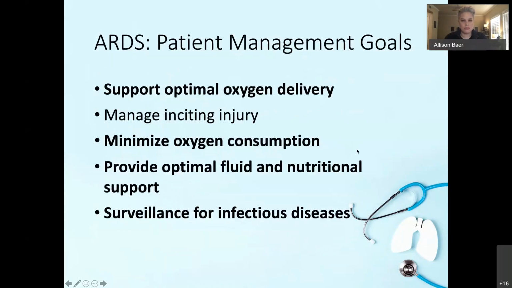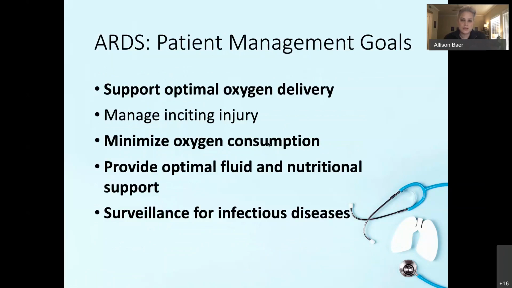Okay, so management goals. Your main thing, you're going to want to support oxygenation while looking for the cause of ARDS and managing that. This doesn't happen out of nowhere for no reason, so you're going to want to find out what caused it to happen and try to treat the cause. But in general, I bolded the ones that deal with ARDS directly.